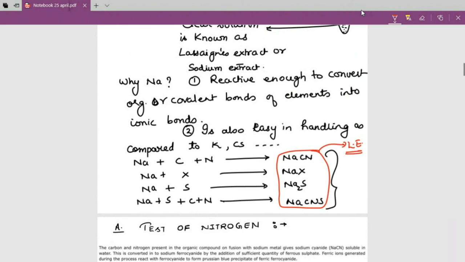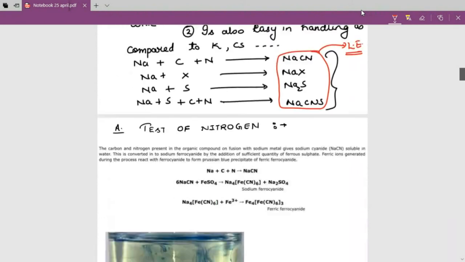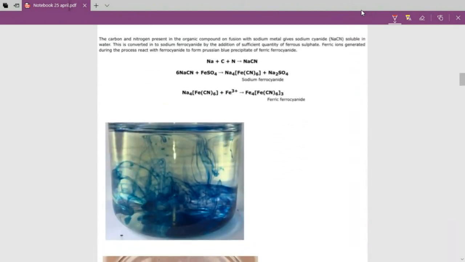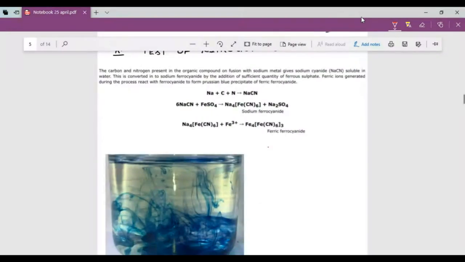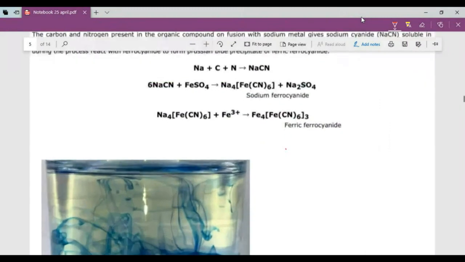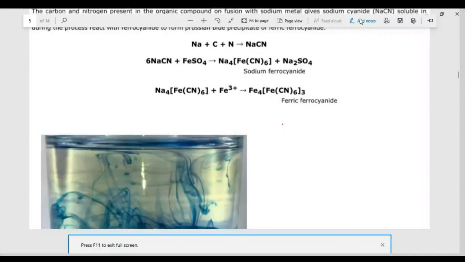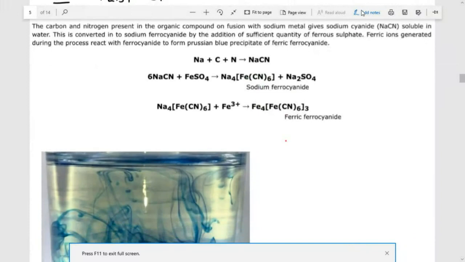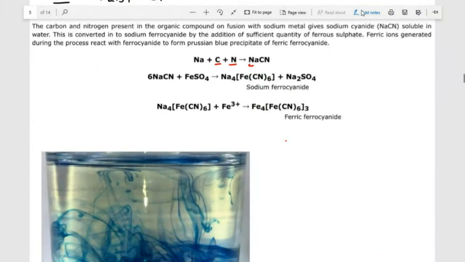Okay. So now what is the test of individual elements? Say, the test for nitrogen. If we are going to test nitrogen, then what happens? As I said, the carbon and nitrogen are converted to NaCN.